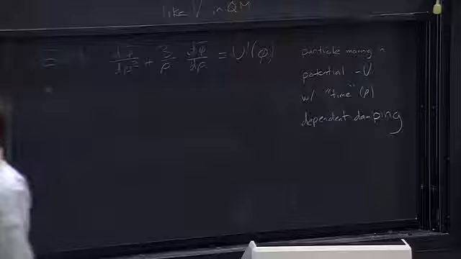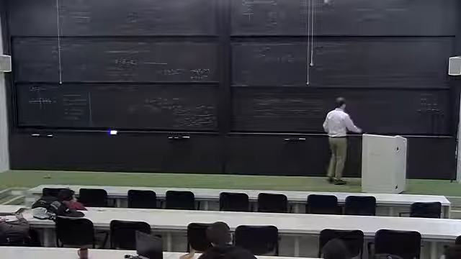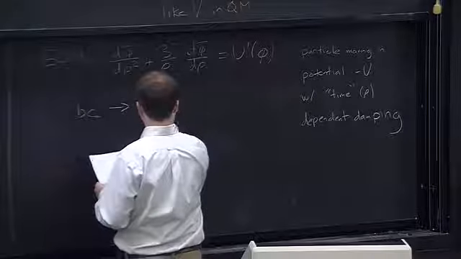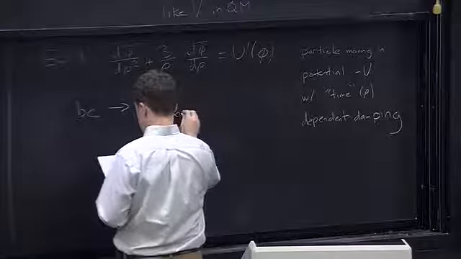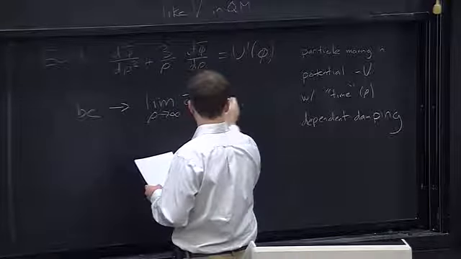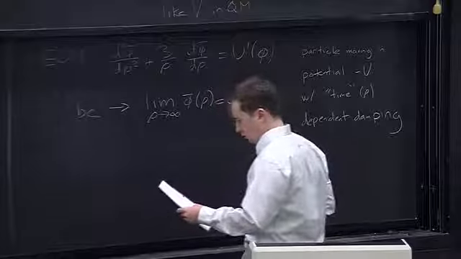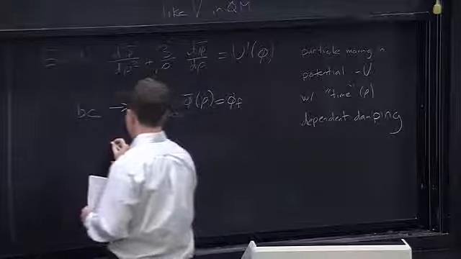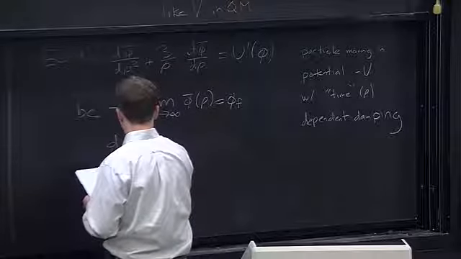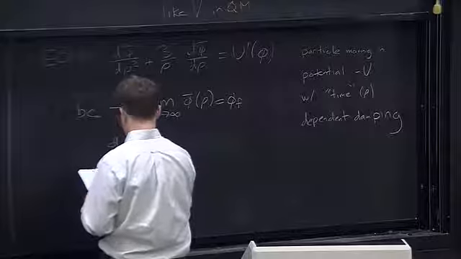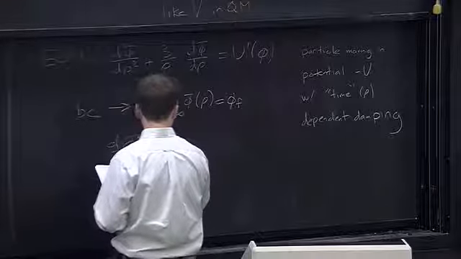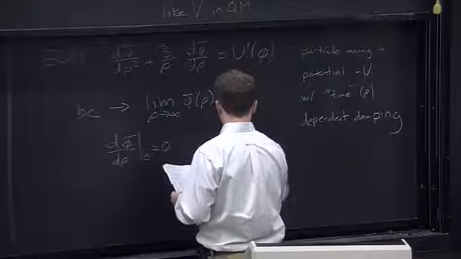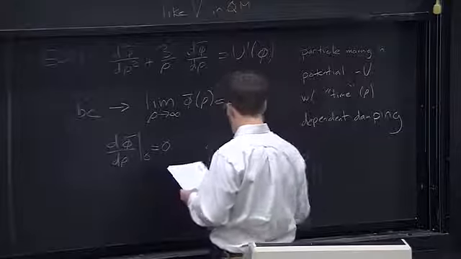And these boundary conditions just become the limit as rho goes to infinity of phi bar of rho is phi f. And if we want a solution to be non-singular, we should also check that at the origin d phi bar d rho is 0. Okay.